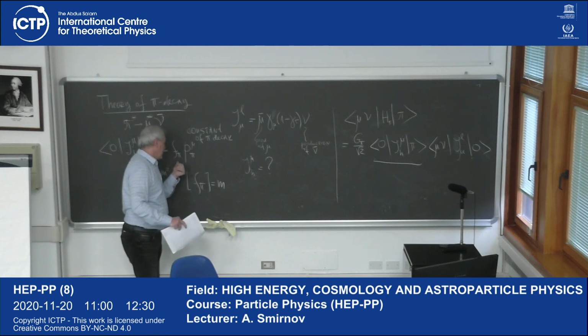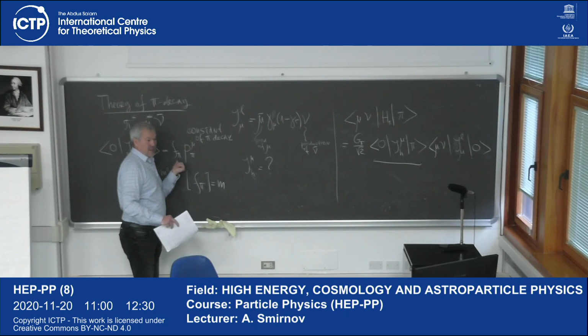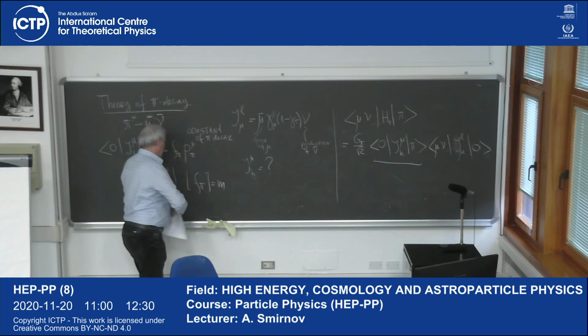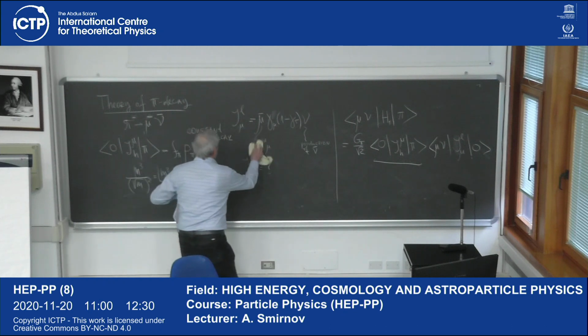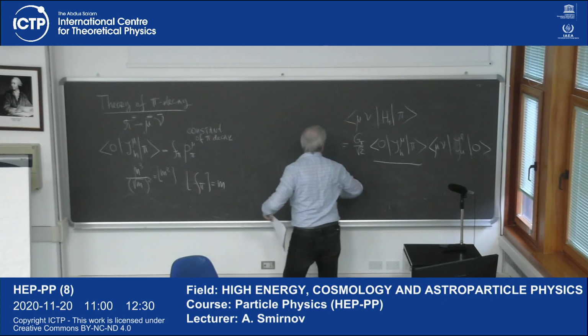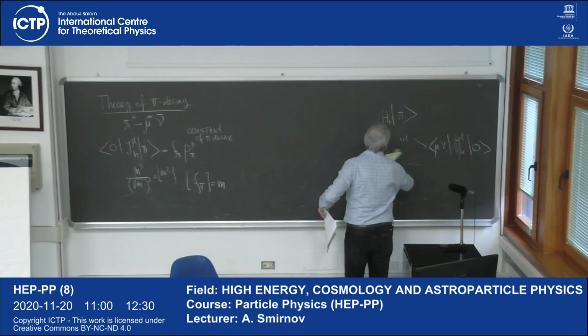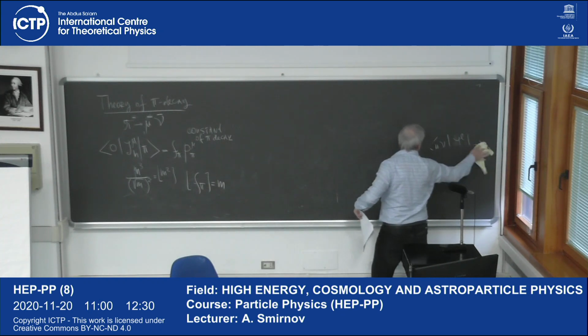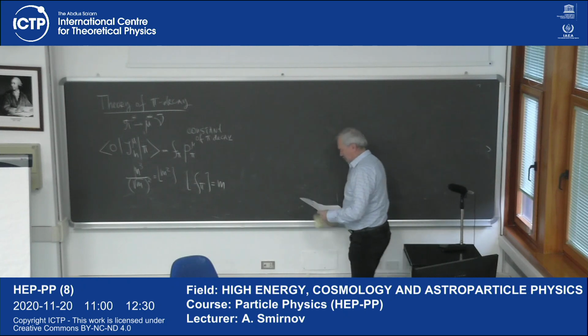So eventually what happens is that this coupling constant has a very important physical meaning. Okay. So if someone works on chiral symmetry, this is what you will learn in the first place.